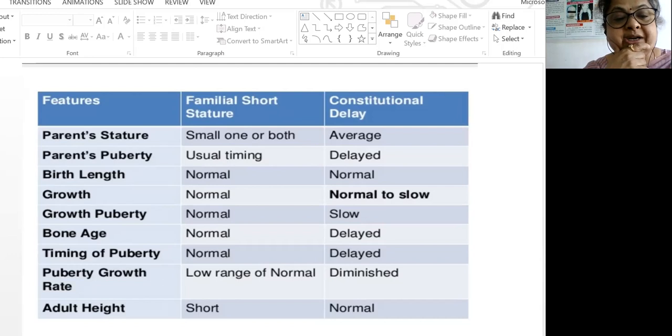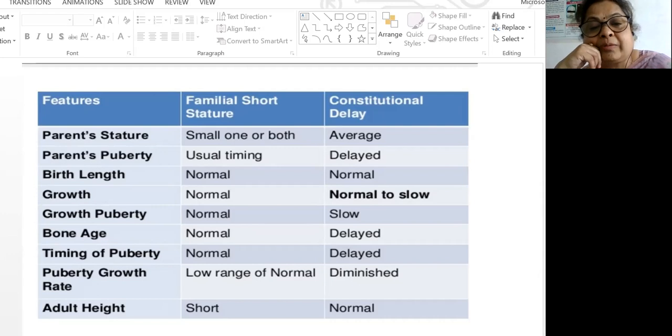Then parents' puberty: usually timing is normal in familial short stature, but in constitutional delay it is delayed in the parents also. You will get the history. Birth length will be normal in both cases.